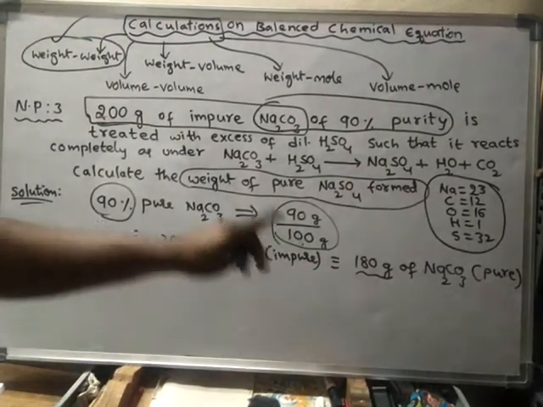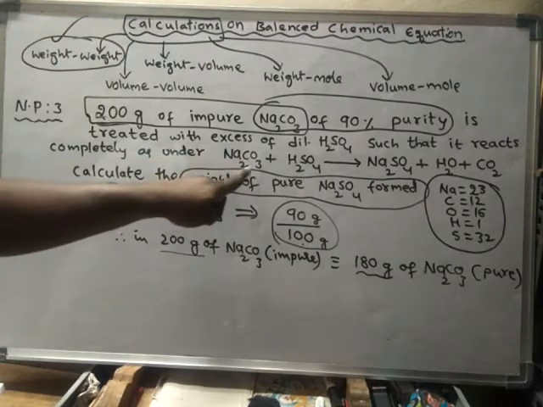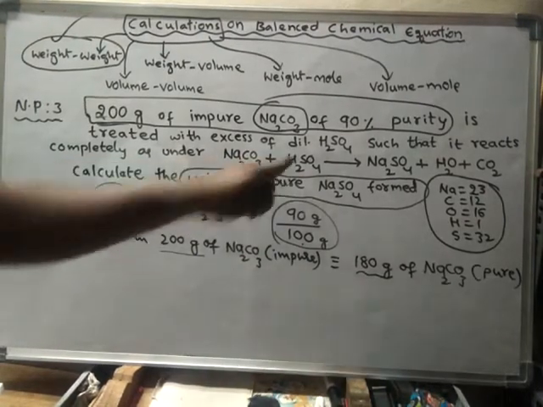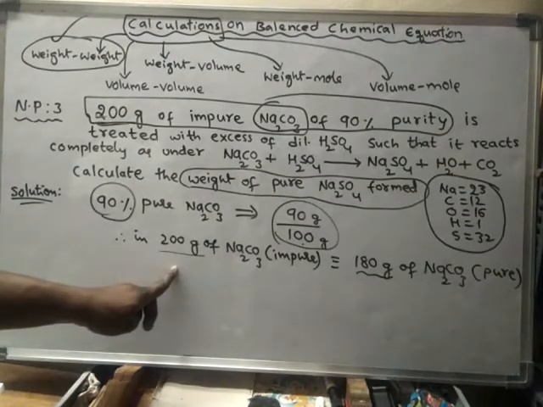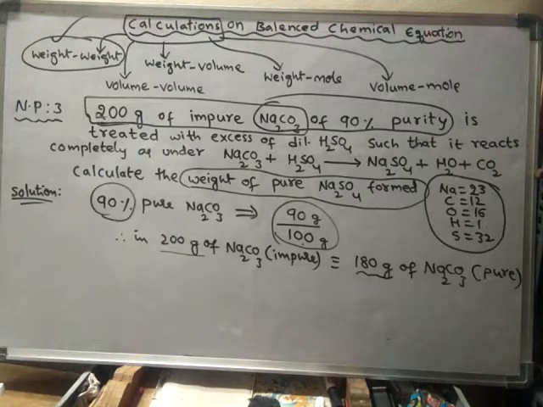Only these 180 grams will react with sulfuric acid, and the remaining 20 grams out of 200 grams won't react because it is not Na2CO3, it is some other impurity.